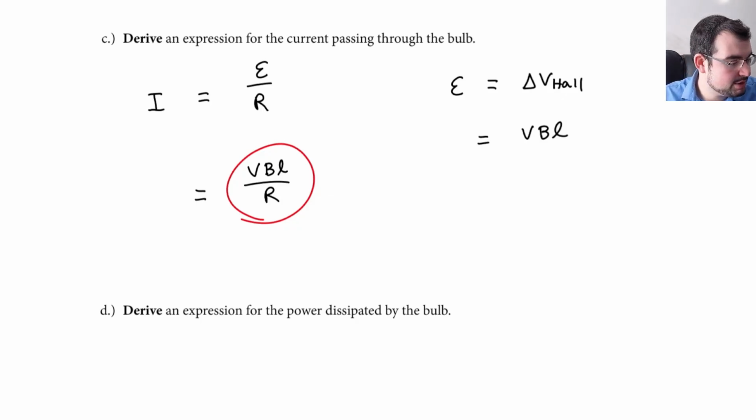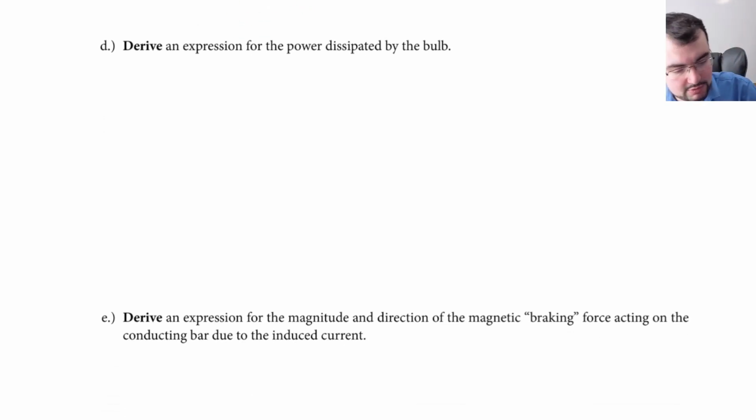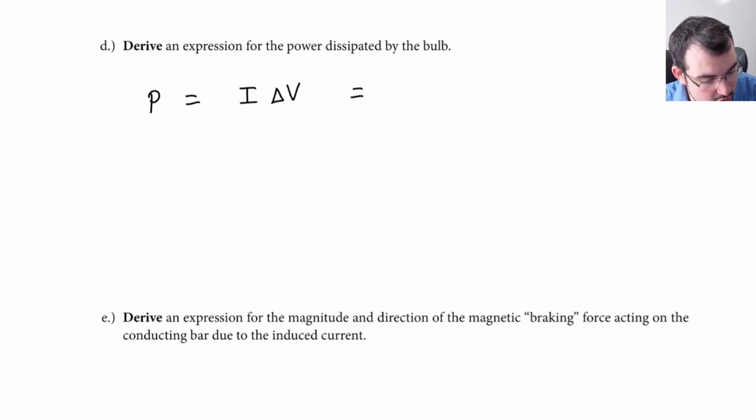What is the power dissipated? Pick your favorite power formula. We have 3 power formulas. Definition: power is the charge per second times the amount of energy per charge, which would be energy per second. Or doing some Ohm's law substitutions, you could get I squared R, or delta V squared over R. We have both here.